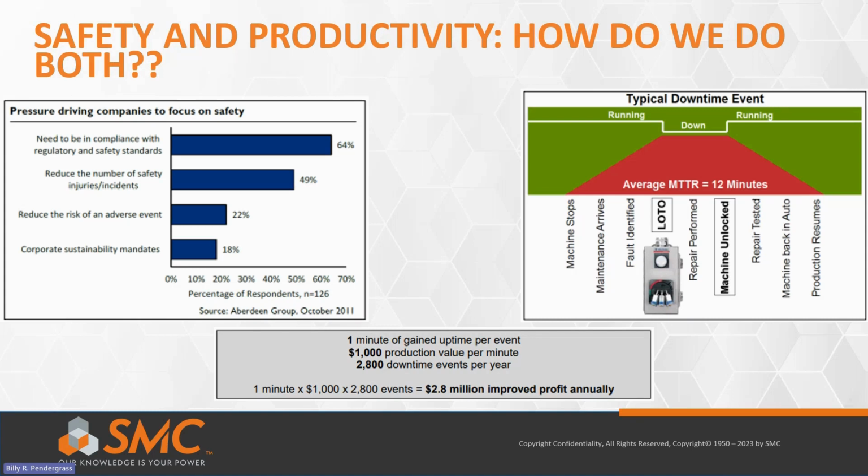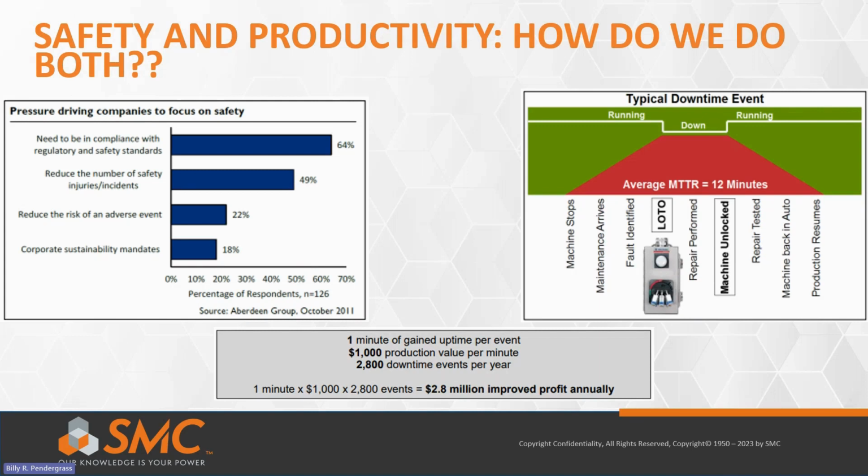Consider a typical lockout tagout downtime event as illustrated above. A safety system that is designed for recovery can speed up or perhaps even eliminate some of the processes within a lockout tagout event. In this example, consider an improvement of just 1 minute to an entire lockout tagout process that averages 12 minutes.